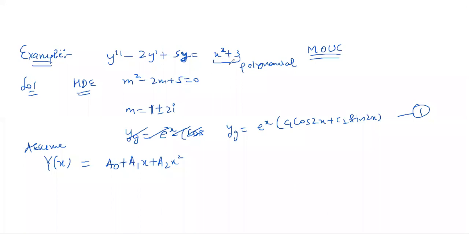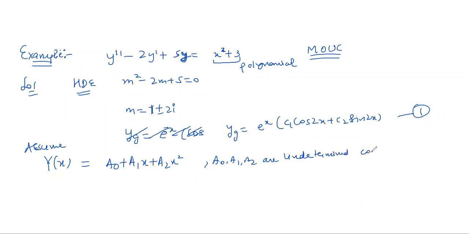And don't get confused that there is no x term here, right? It has nothing to do with it. You just need to look at the degree of the polynomial. There may be some terms absent, there might not be a constant term present, but you just have to look at the leading power. So the highest power is 2. So here I have to suppose a general quadratic as my solution. These a0, a1, a2 are your undetermined coefficients.